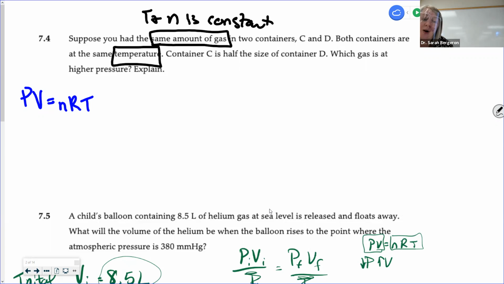So in this equation, this whole side of the equation is constant. So if container C is half the size of container D, what happened to volume? Volume goes down. So if volume goes down, pressure goes up. So if container C is half the size, which gas is at a higher pressure? Container C.